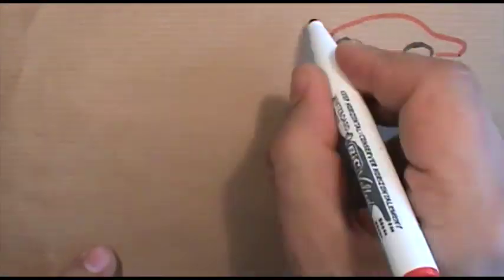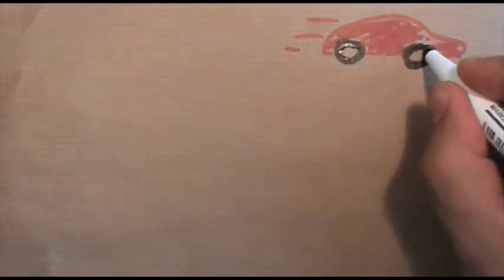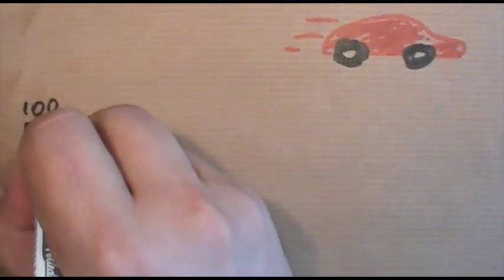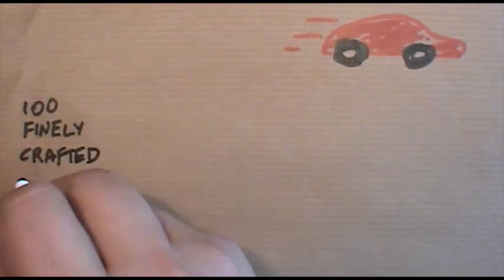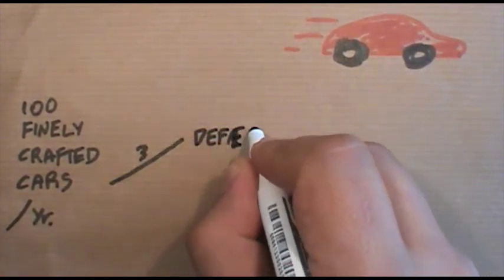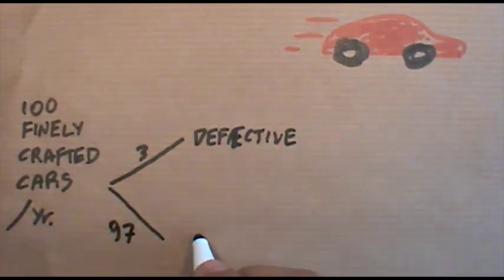Suppose that you are a car maker, a high-end car maker, say a Ferrari. You produce 100 finely crafted cars in a year. Despite all your best efforts, 3 of these cars are defective.